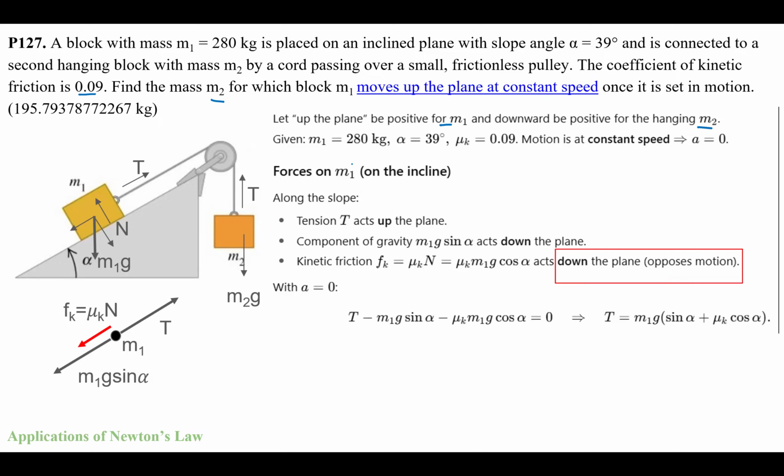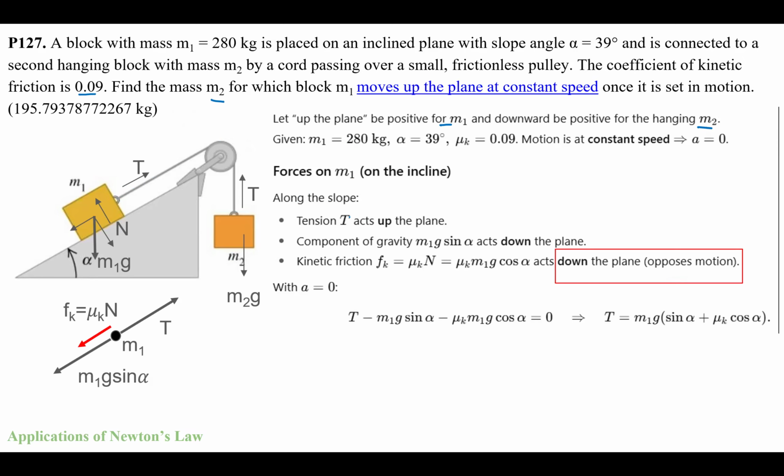Okay, so let's try to analyze what forces are acting. Because we have two objects, we have to think about what forces are actually exerted on each of the masses.